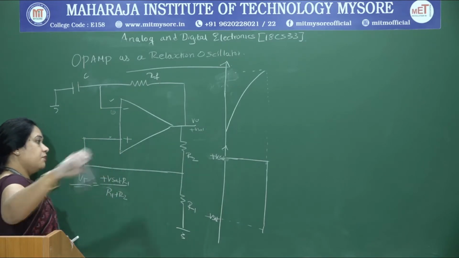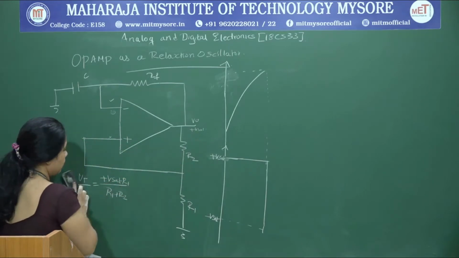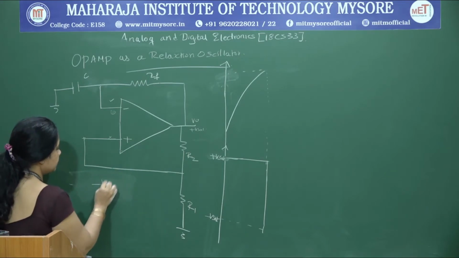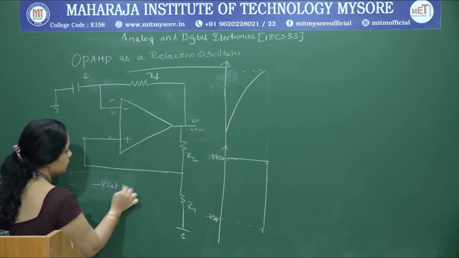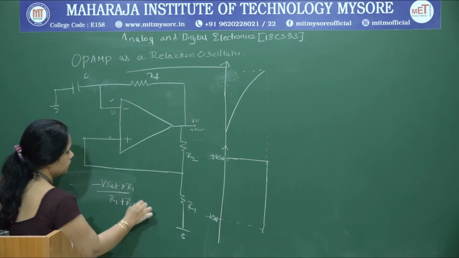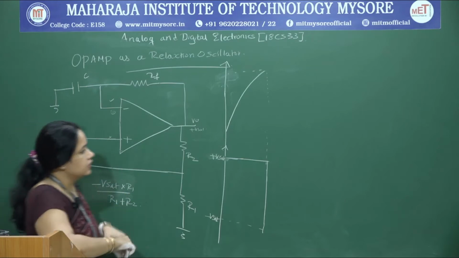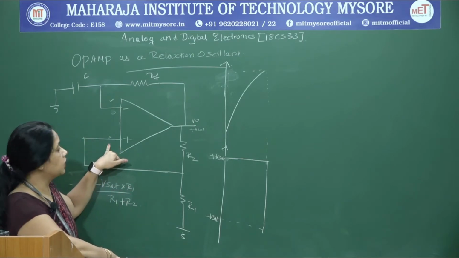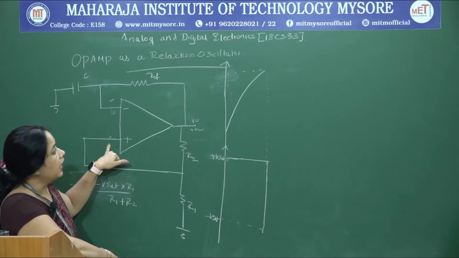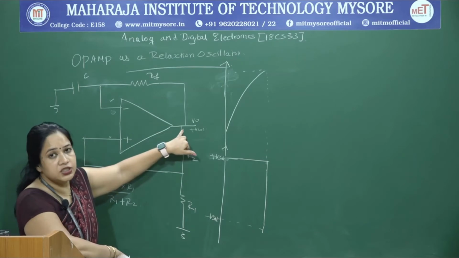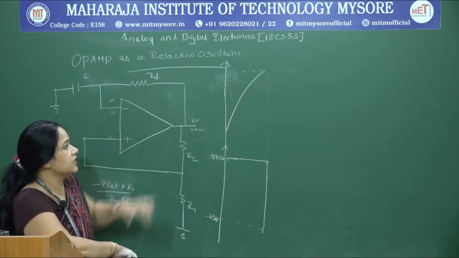Now, with the output at minus V sat, the reference voltage becomes minus V sat into R1 divided by R1 plus R2. So we have a negative reference voltage at the positive terminal, and the capacitor starts discharging through this resistance.